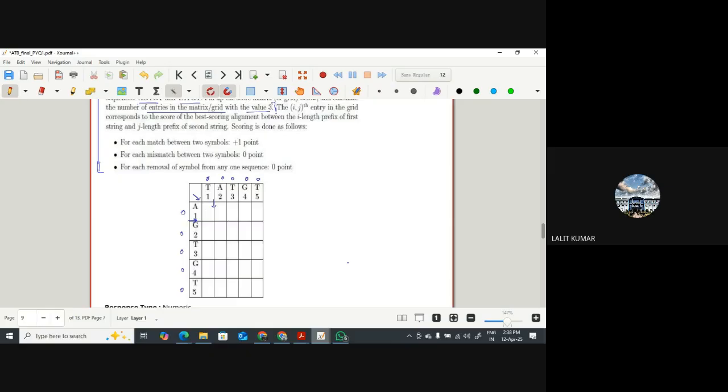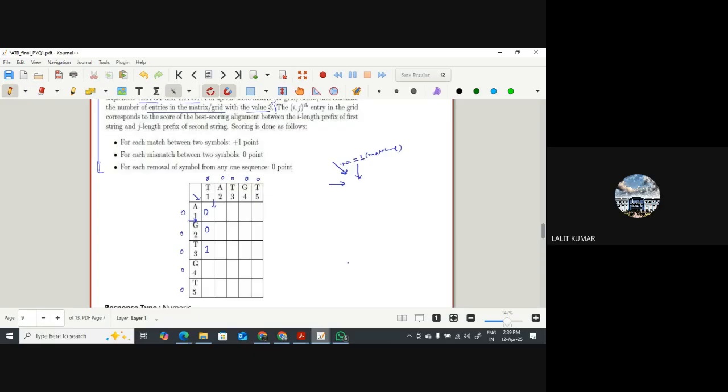TA is not matching, it remains 0. TG is not matching, it remains 0. TT has matched here, so this becomes 0 plus 1, this becomes 1. TG is not matching, so you take the maximum of this or this, plus sigma equal to 1 if matching, otherwise not matching.